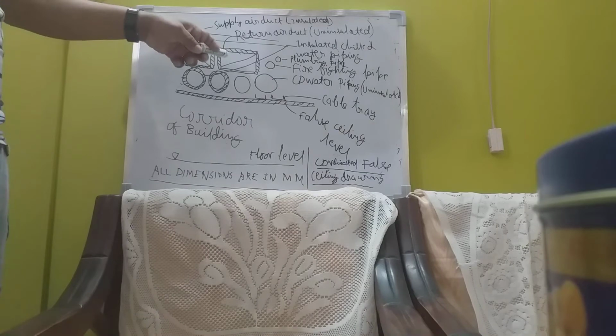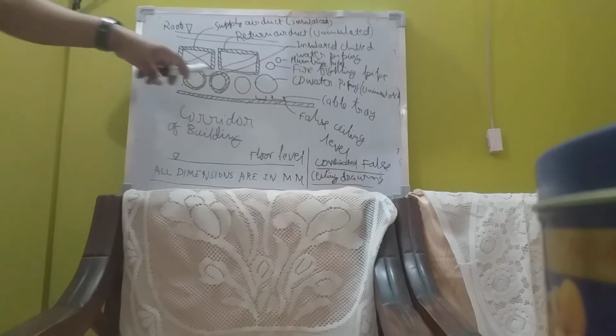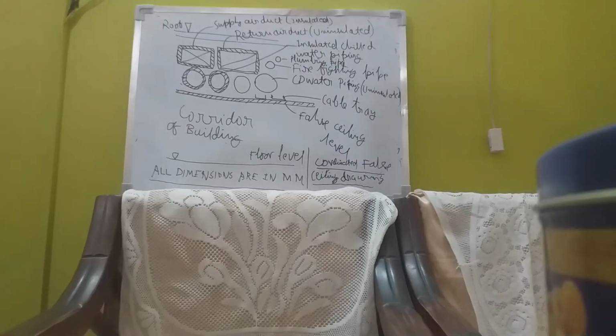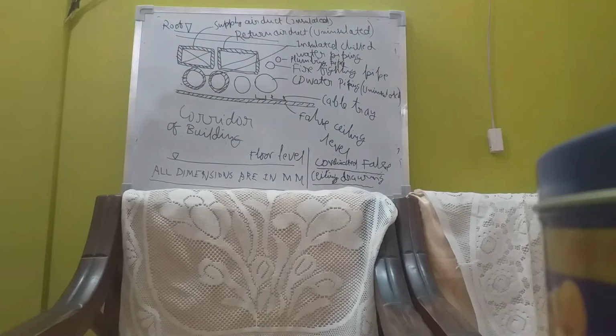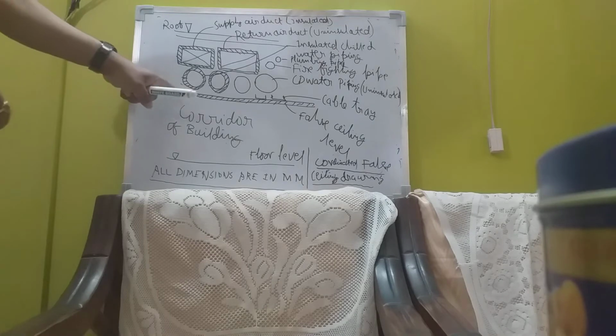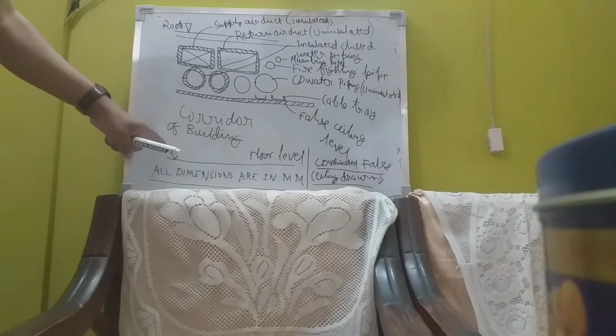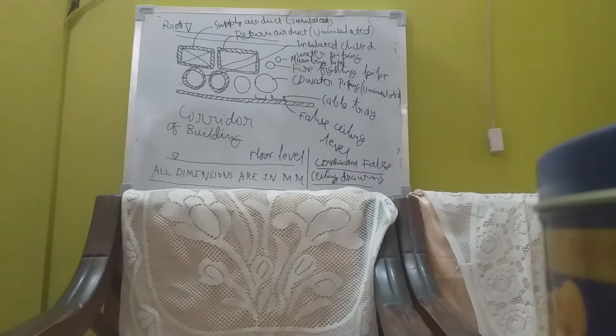So the corridor is the main place through which all the services run. Corridor plays a very important role, and the height of the false ceiling from here to here plays an even more important role.